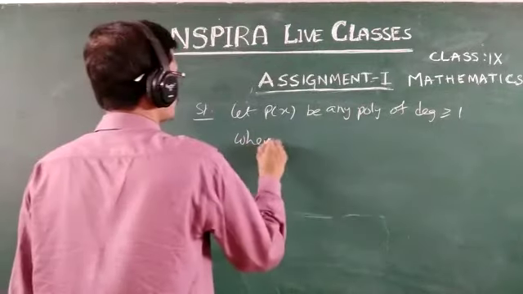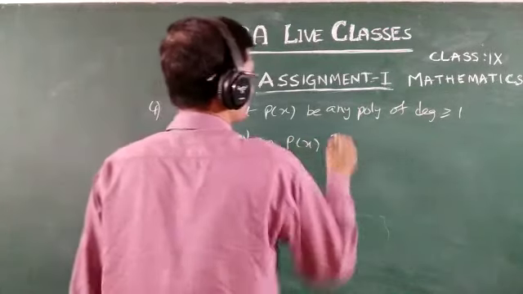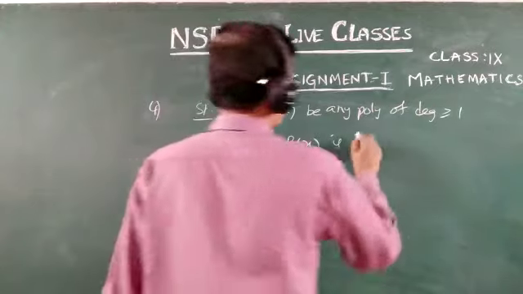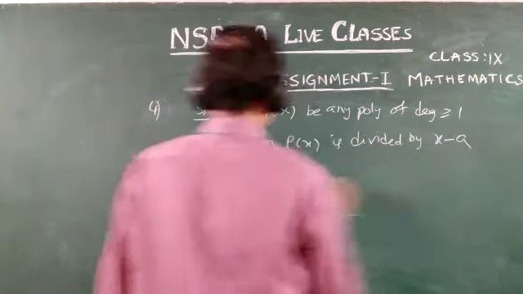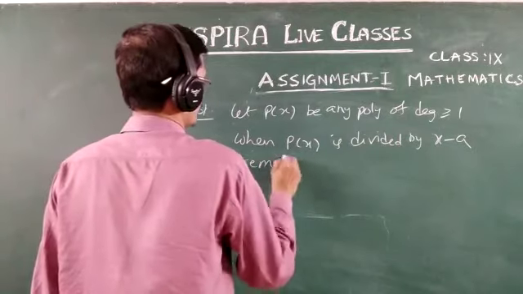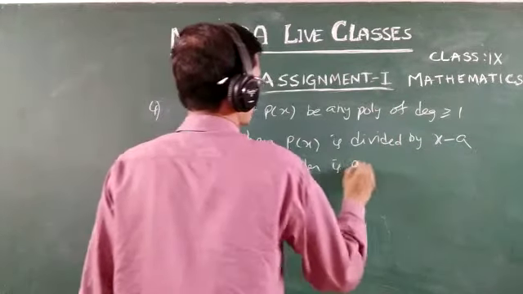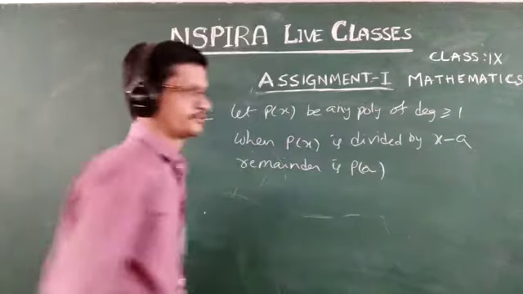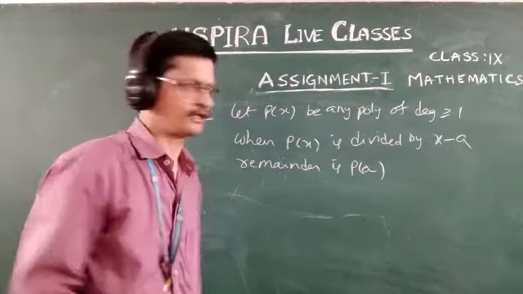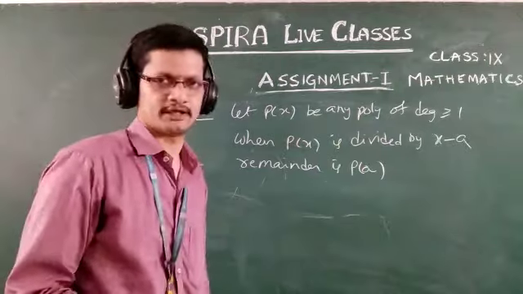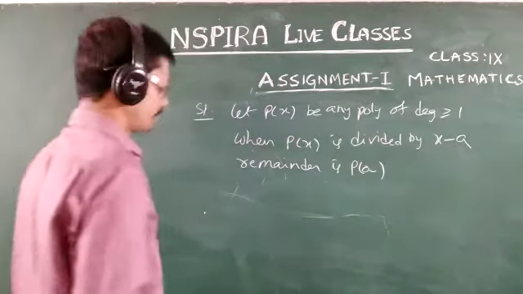When p of x is divided by the linear polynomial x minus a, the remainder is p of a. That is the remainder theorem.